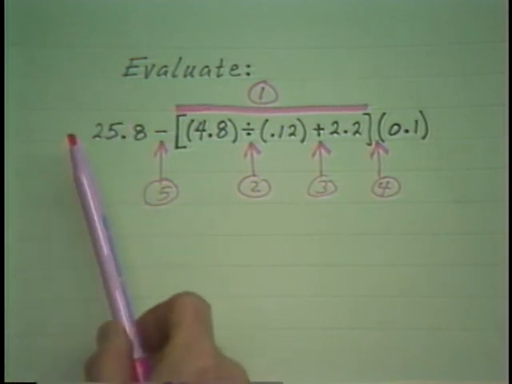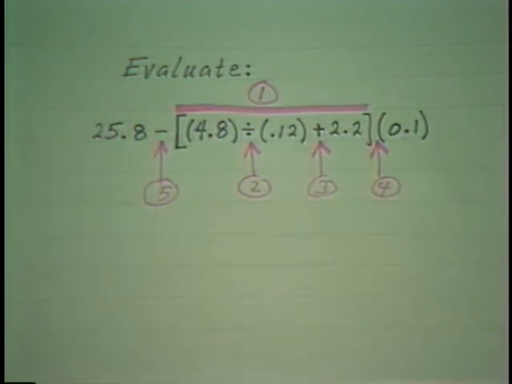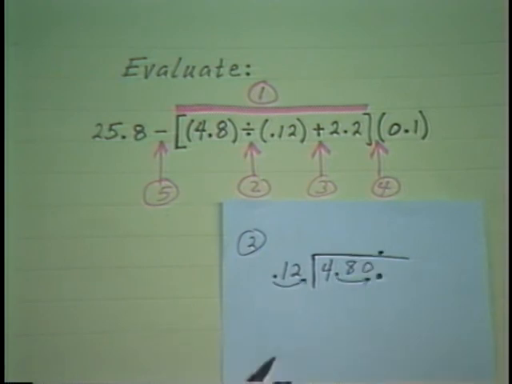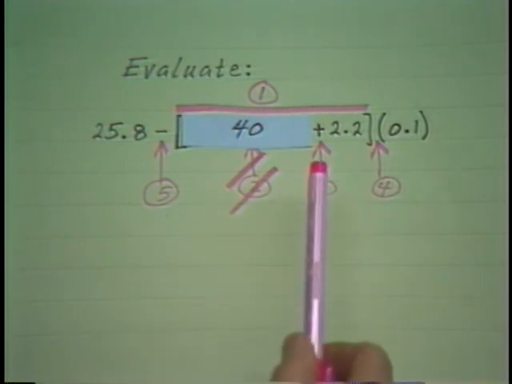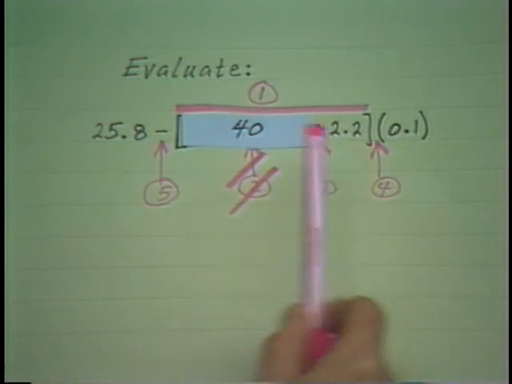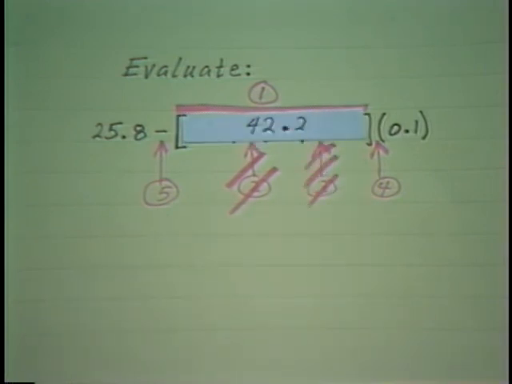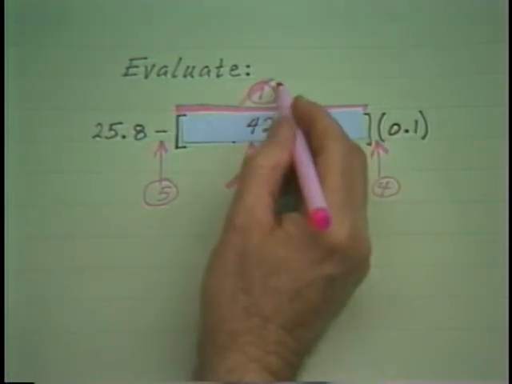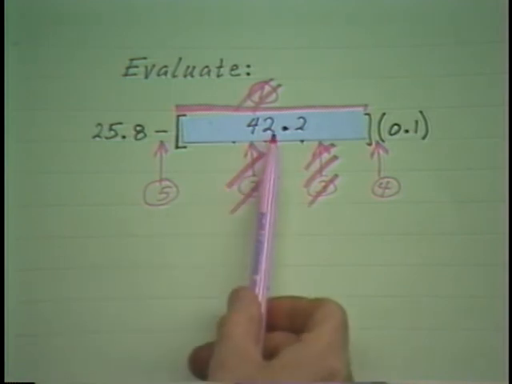So it's not that this is a hard problem, it's many problems in one, but each separate problem is quite simple. So doing the division first, we get and doing the next operation, we can just see visually that's 42.2. And now the parentheses has been whittled down to one number.